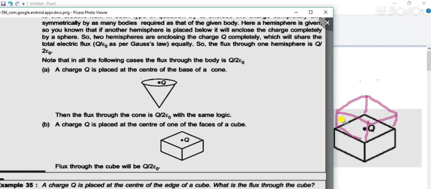Now the flux linked with two cubes will be q by epsilon naught, and the flux linked with this type of one cube will be q by 2 epsilon naught.